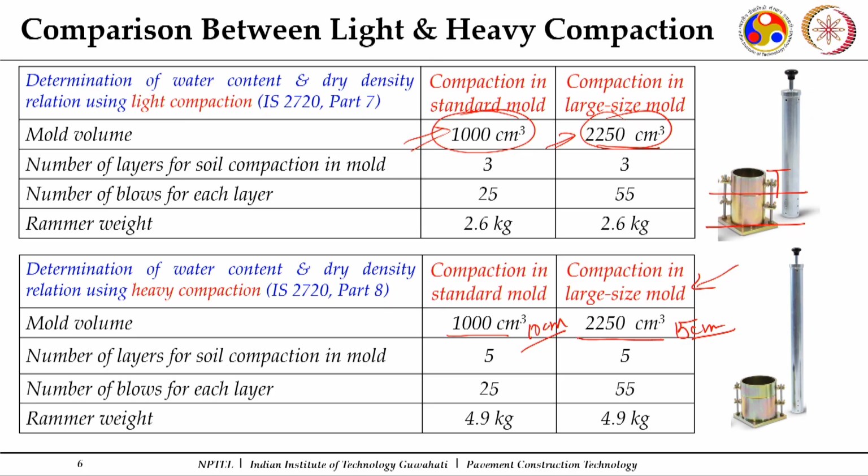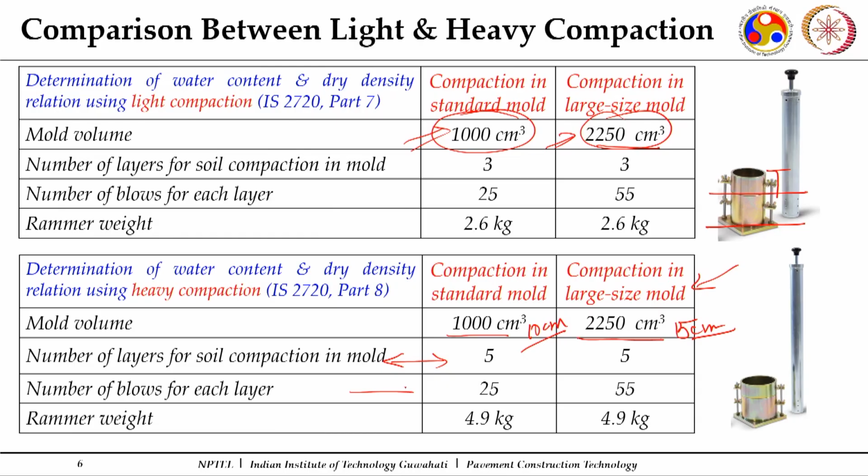Now, when you are going for this heavy compaction, one important part is you are going to compact the soil in 5 layers. For each layer you will take an approximate quantity depending upon the mold which you are using, which is stated in IS 2720 part 8. Depending upon the mold size, whether you are using the 15 centimeter one or the 10 centimeter one, you will take an initial weight of the soil and then add the starting water content to it.